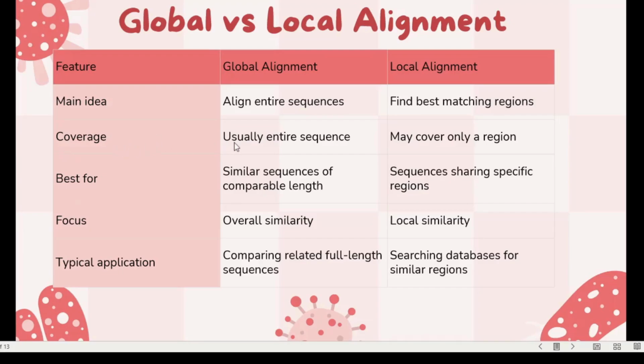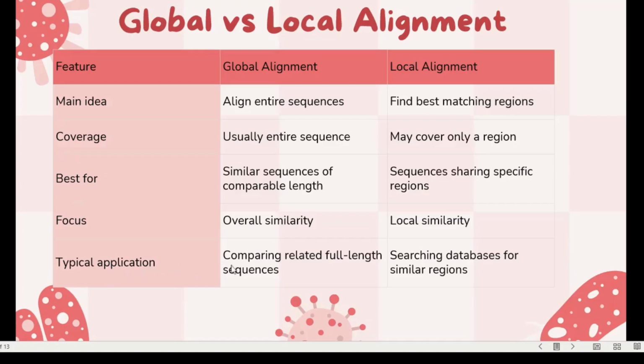Coverage: usually the entire sequence in global alignment, but in local alignment we try to cover only a region. Global is best for similar sequences of comparable length, and local alignment is best for sequences sharing specific regions. Global alignment focuses on overall similarity, local alignment on local similarity.